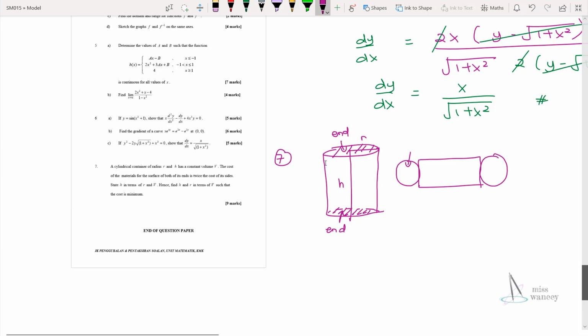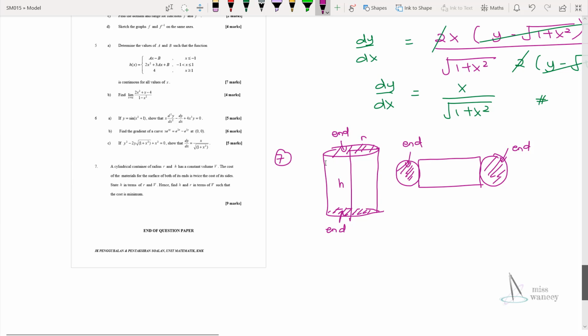So this one, and that means the ends. Okay, circle, rectangle. Okay, state h in terms of r and v, hence find h and r in terms of v such that the cost is minimum.